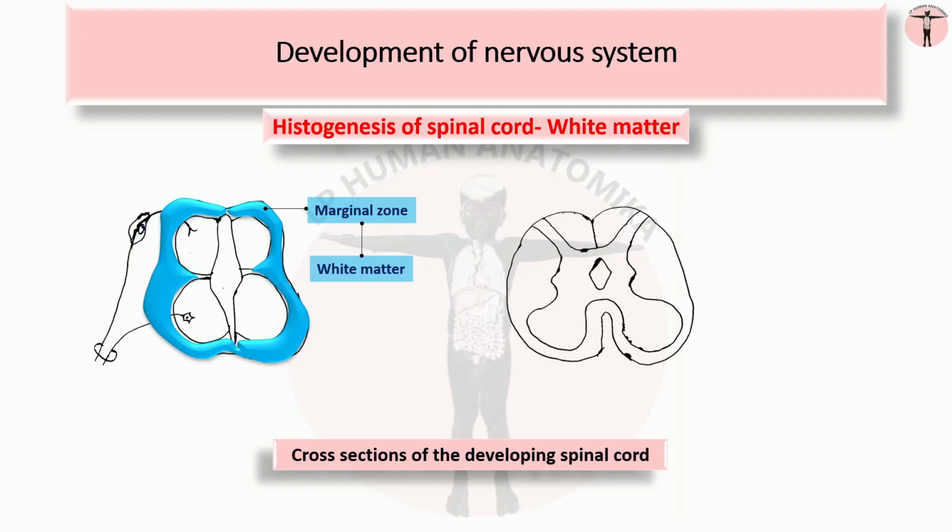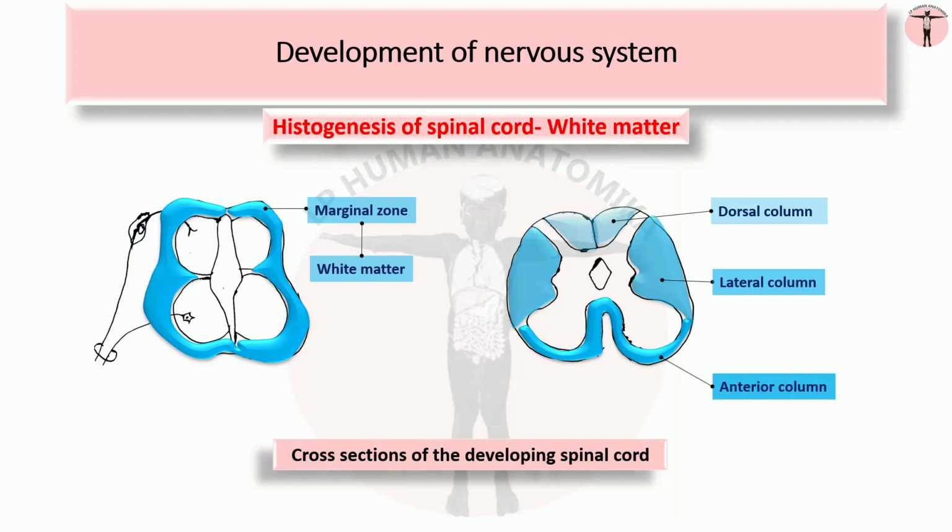The white matter, according to the direction of the fibers and functions, develops into three columns named the dorsal column, which is present between the two dorsal gray horns, the lateral column, present between the respective dorsal and ventral gray horns, and the anterior or ventral column, present between the two ventral gray horns and anterior to the ventral gray horns.